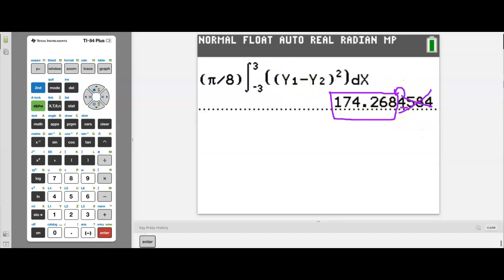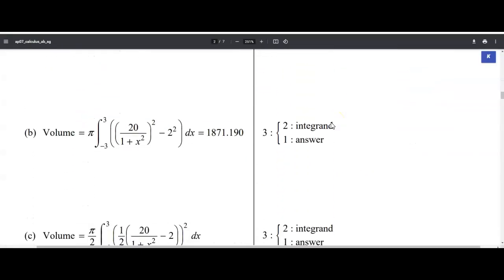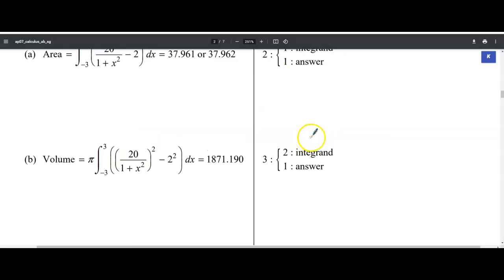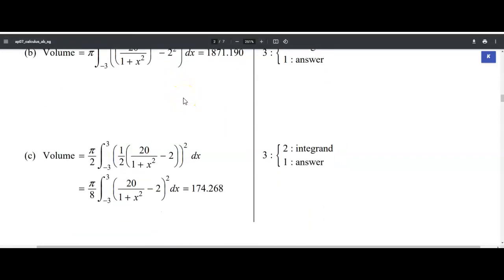Okay, so let's see how this thing would have been graded. So they're giving 2 points for having the proper integrand, meaning, oh, I'm looking at the wrong question. My bad. Let me clear that out of there. Here we are. You get 2 points for the proper integrand.